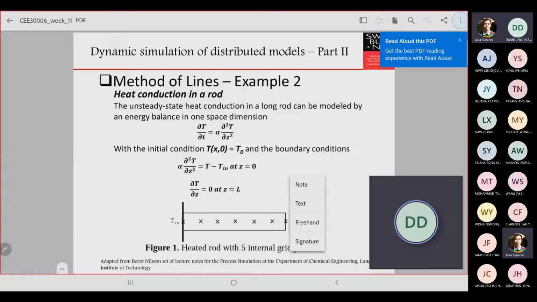The first is called the Robin boundary condition, where the derivative with respect to the coordinate z is equal to T minus the inlet temperature at z equal to 0. And the second boundary condition is the first order derivative of T with respect to z equal to 0 at z equal to L. Here we would like to approach this problem using 5 internal grid points, okay?